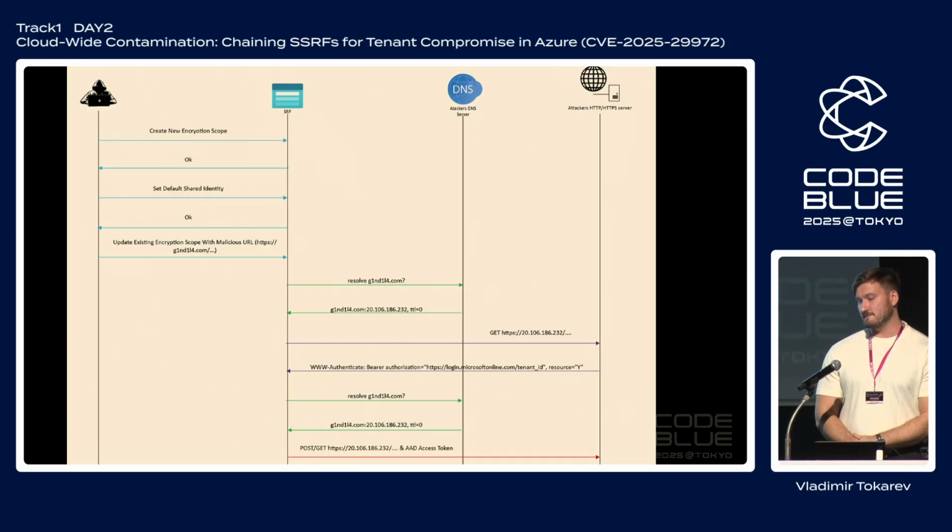Then our DNS server returned the IP for our HTTP server. And then SRP sent the GET to our HTTP server, on which we returned 401 with WWW-Authenticate, with the bearer authorization and resource as needed. And then because we returned the domain with TTL 0, there was another name resolution. And then the GET was sent to us with the AAD token.